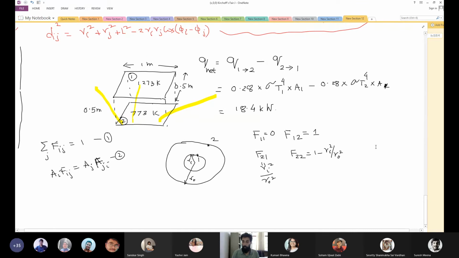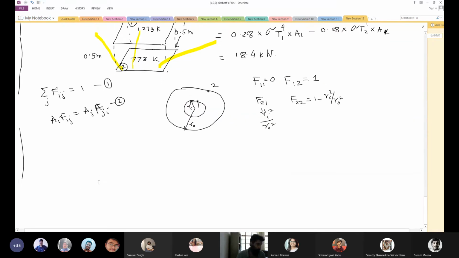radiation problems where we have multiple surfaces which are non-black. This was for black surfaces, where whatever radiation falls on the surface has to be absorbed completely. It cannot re-radiate back. But if it re-radiates back, then we have to worry about the radiosity of the surface. So our next venture is to solve for such radiosities for an enclosure.